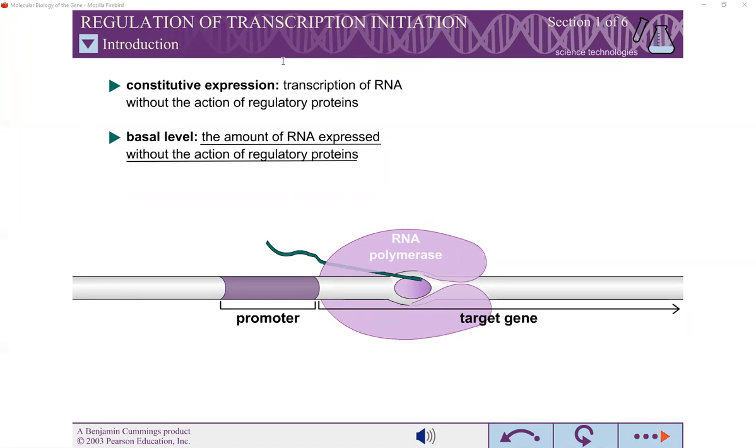So this is the minimum level of transcript. This is called the basal level of transcript. The minimum amount of the transcript that would be produced without the act of regulation is called basal level of transcript. So I'm just writing it out.